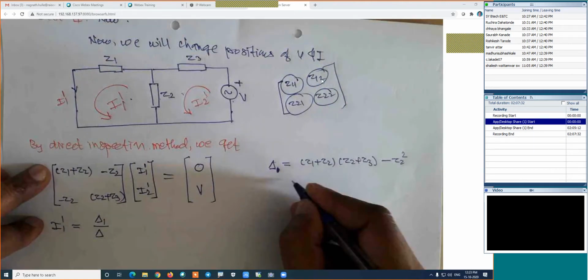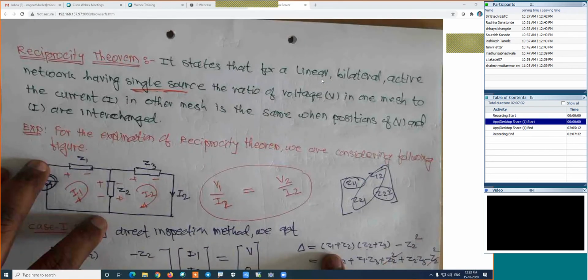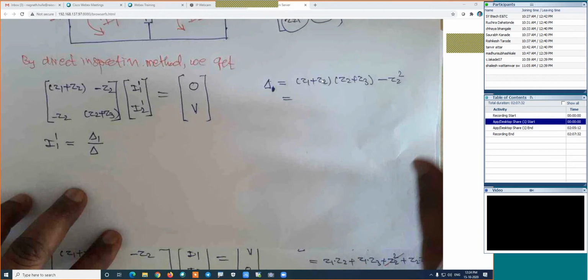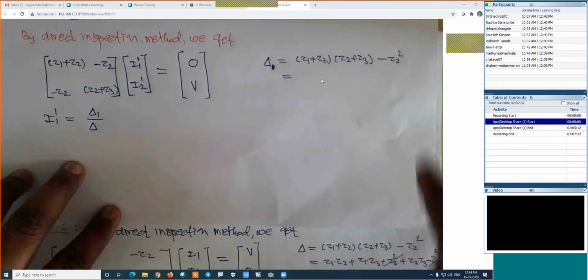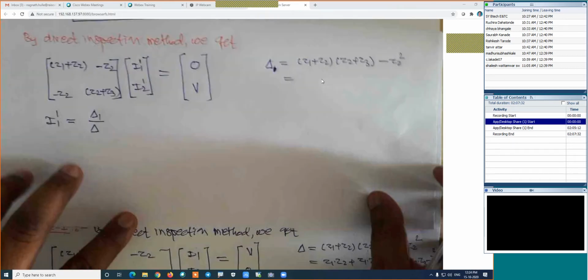If I simplify this equation, I will get the same terms, because look at this delta, Z1 plus Z2 into Z2 plus Z3, which is very same as this. This value and this value are the same. That's why I will write this final equation directly. Otherwise, we will simplify it.